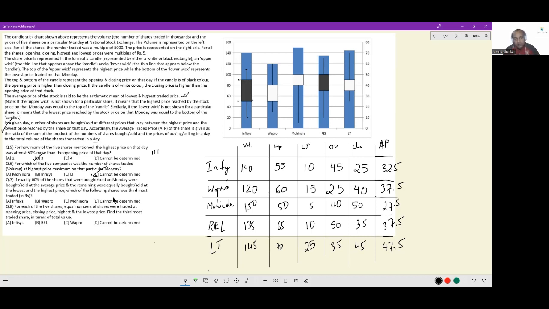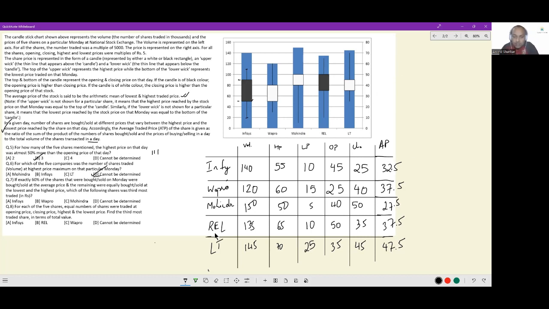Okay. Question 7. If exactly 60% of the shares that were bought and sold on Monday were bought, sold at average price, and the remaining were equally bought, sold at the lowest and the highest price, which of the following shares was the third most traded? Okay.